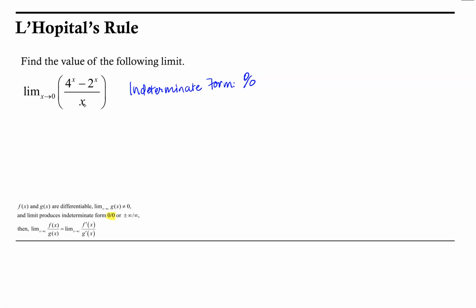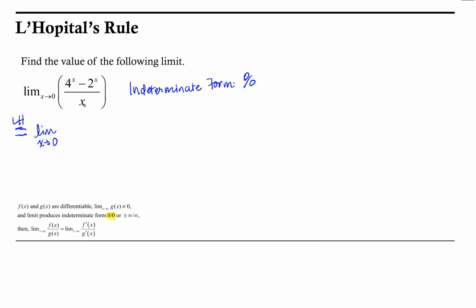So let's go ahead and apply the rule. This is going to equal, and then we are going to write LH over the equal sign to indicate the application of L'Hopital's rule. The limit as x approaches 0. Now keep in mind that we do not use the quotient rule in this process.